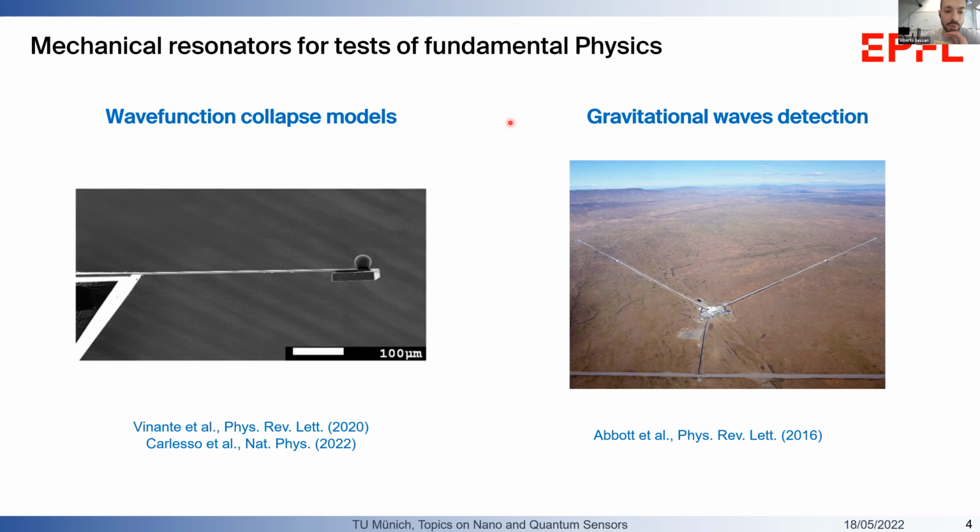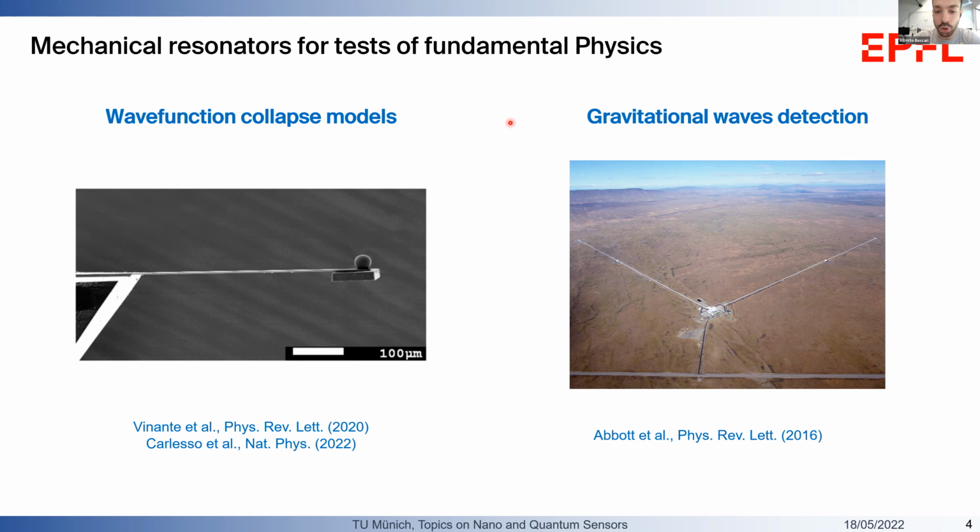And here, people have used both nanomechanical oscillators and are trying to use levitating nanoparticle systems in magnetic traps or optical traps. And also, of course, in gravitational wave interferometers, to sense the arrival of gravitational waves from astronomical events on Earth.